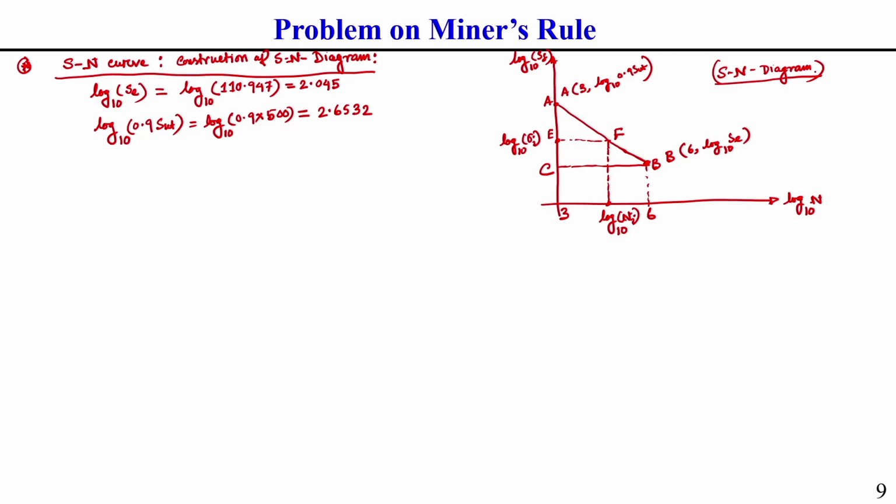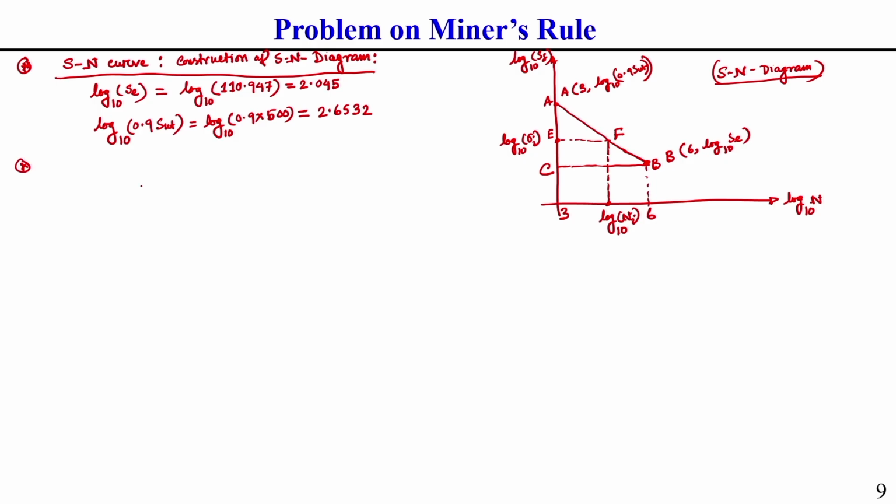For plotting, we generally need 2 points, A and B, and I have told you how A and B are obtained. So we can easily find the SN diagram. From this diagram, corresponding to different stress values sigma i, we need to find the capital N value, that means capital Ni.